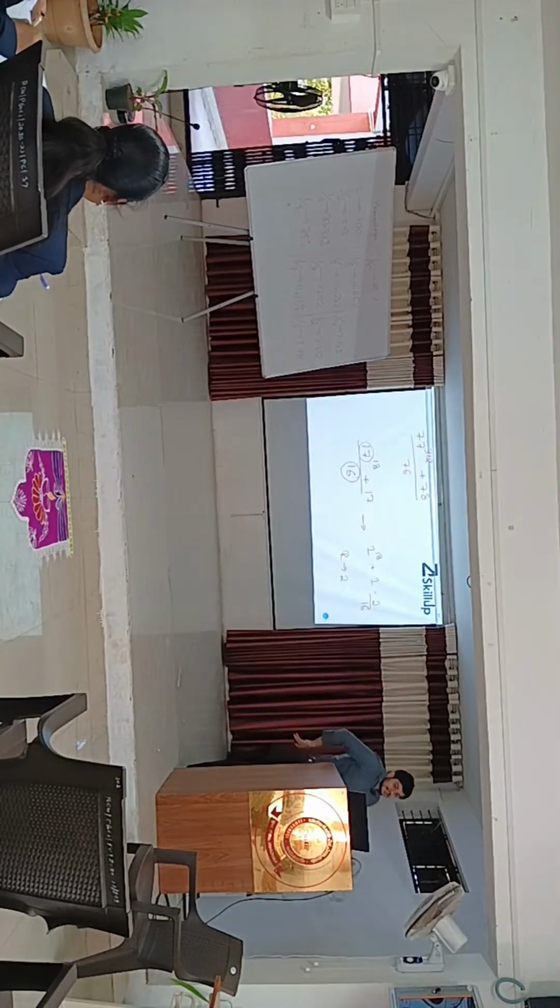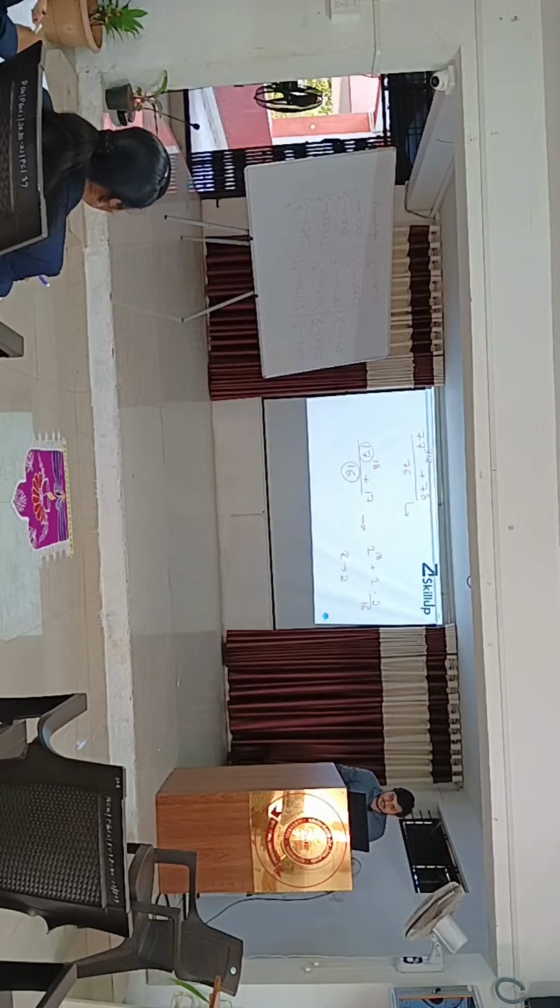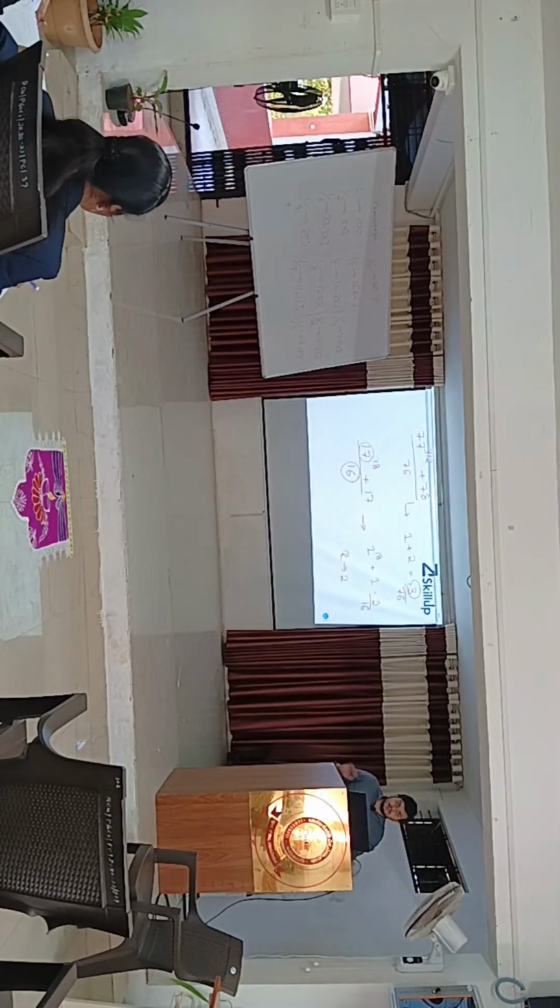Now tell me, 77 when divided by 76, what is the first remainder? 1. So 1 power 312, that is 1 itself, plus 78 divided by 76, which is 2. 1 plus 2 is 3 by 76. The remainder is 3 itself. Are you understanding this point? So in a very simple way, we have learned this method.